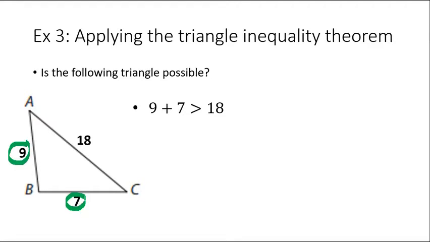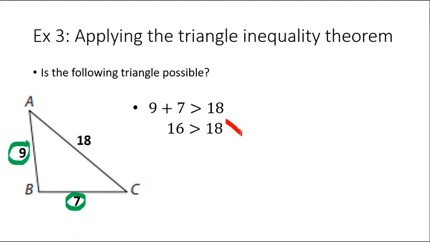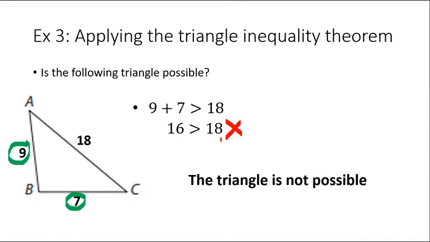So when we add that together, we get 9 plus 7 is 16. Is 16 greater than 18? And this is no. So this did not work out. So because it did not work out, we don't have to try the other ones. So that means that since it didn't work out, the triangle is not possible.